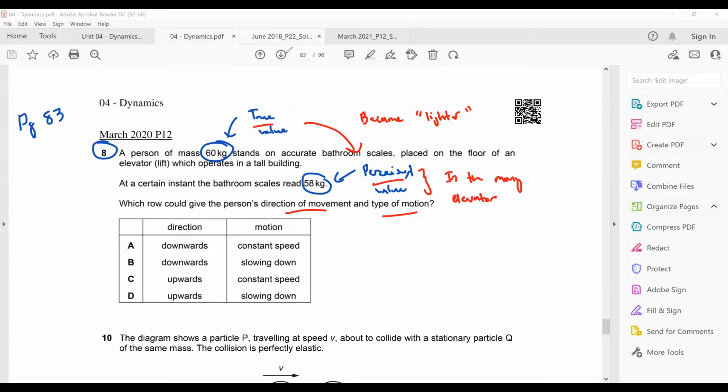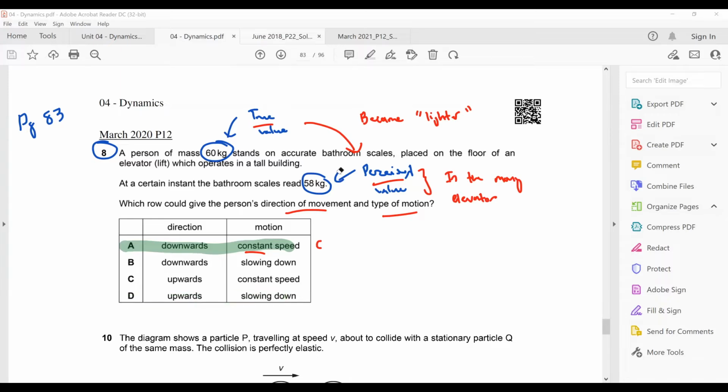So if you talk about A and also D, what would be the change in our apparent weight, in the perceived weight, if it's constant speed?